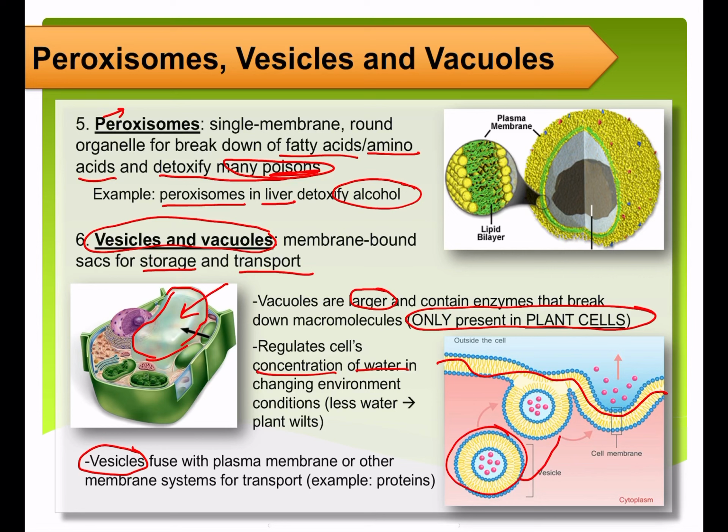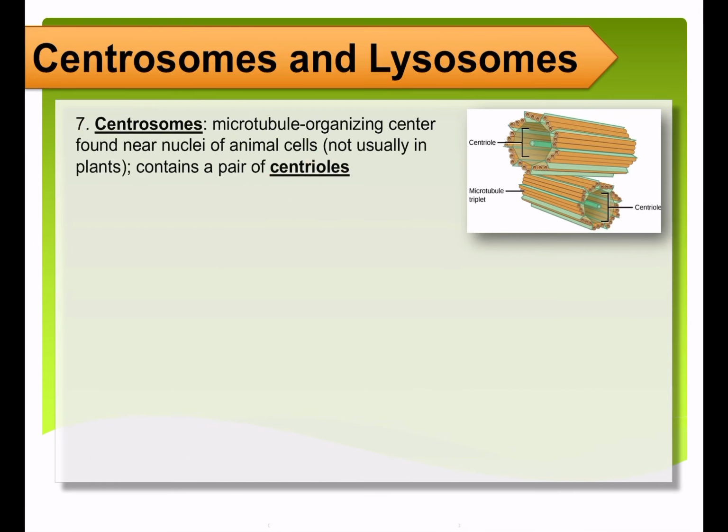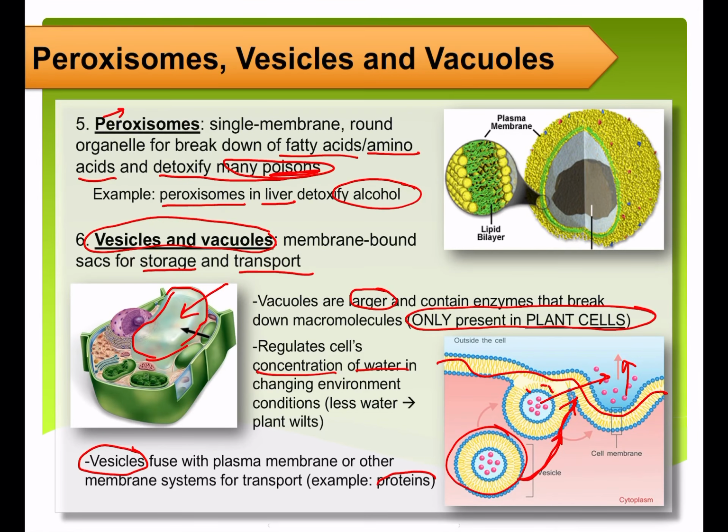The vesicle will travel towards the plasma membrane, fuse with it, and dump whatever content it has outside the cell. This is a process called exocytosis that we'll discuss in chapter 5. So vesicles are for transportation of materials such as proteins.